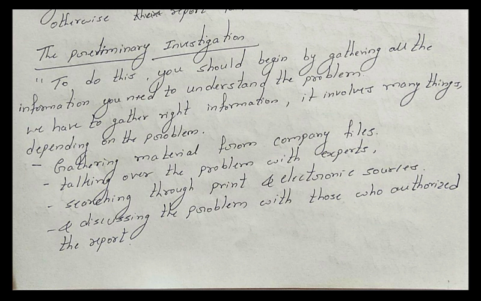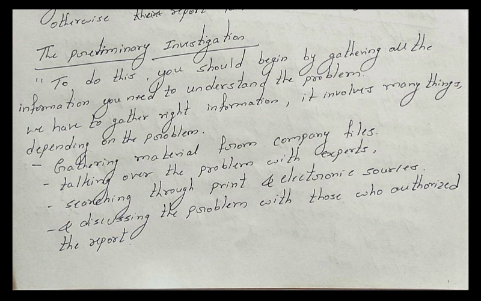It totally depends upon the problem we are going to handle. We can gather material from the company files, and talk over the problem with the experts. By referring to company files you can collect information, and by talking with experts you also get information.